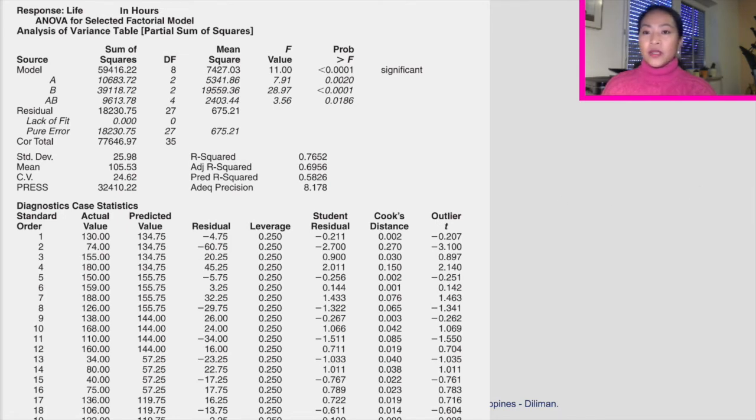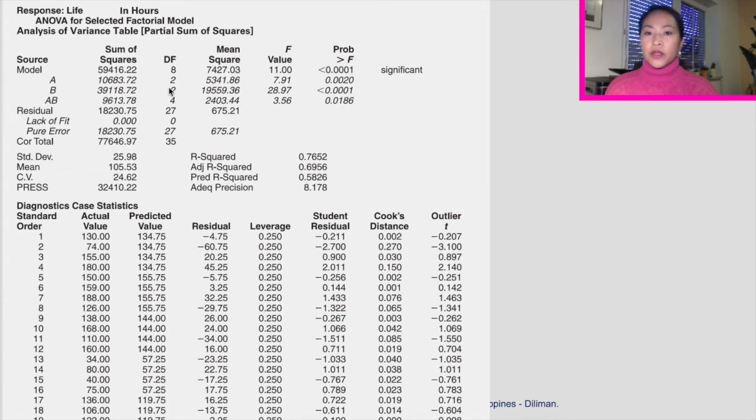Okay, so as you can see here, this is the ANOVA for the factorial design corresponding to the battery design experiment. And you can see here the sources of variation in the first column, and then the sum of squares, the degrees of freedom, the mean square, the F value, and the corresponding P value.